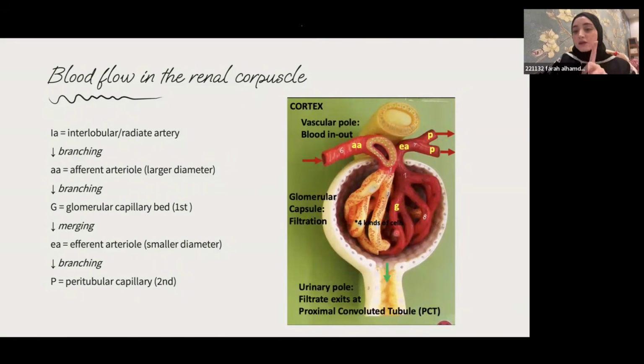However, here this is an exception. The afferent arteriole branches into the glomerulus and creates these capillaries. But when they merge, they don't become blue. They don't make a venule.